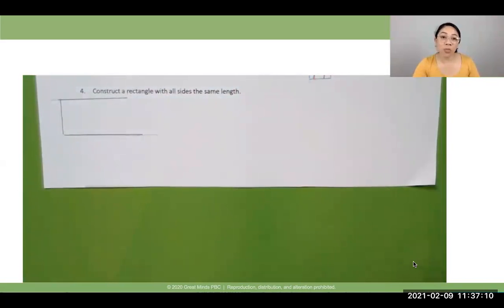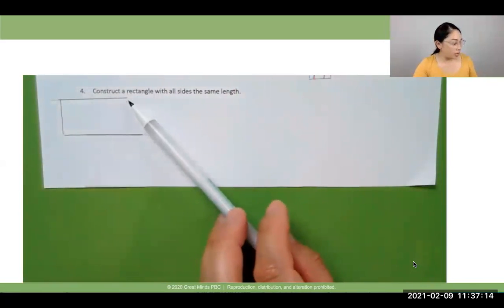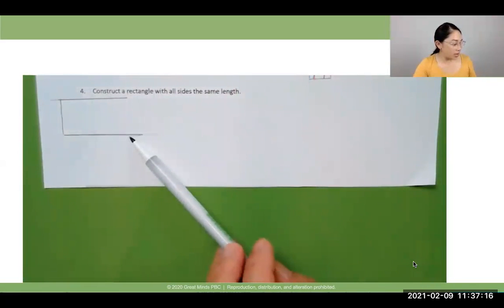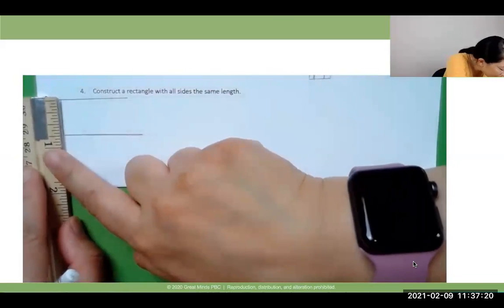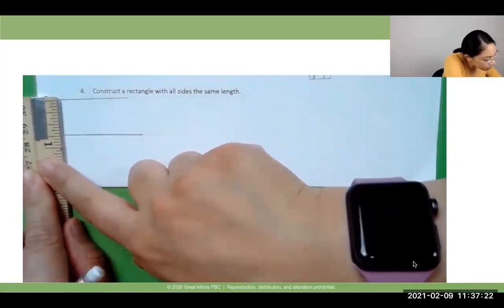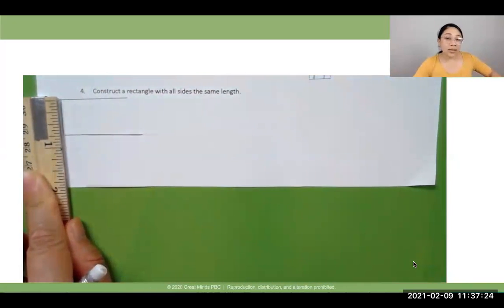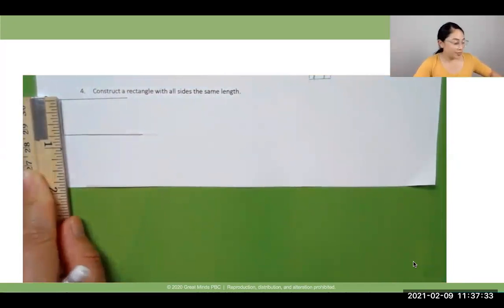Once we have the measurement, we'll mark that same length on both this segment and this segment. We can see that the third segment for my drawing is 3/4 of an inch.